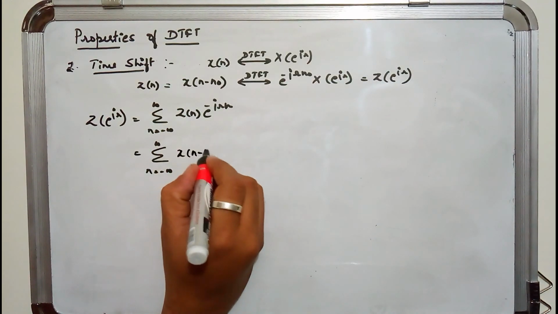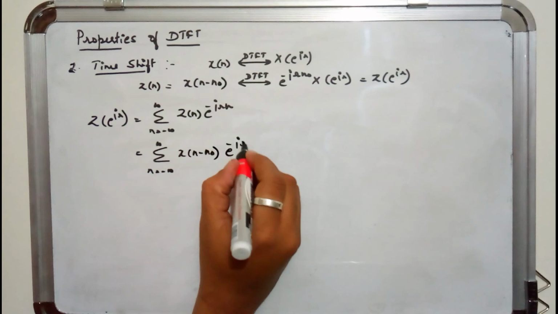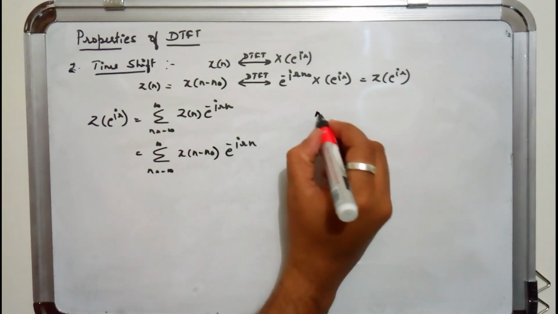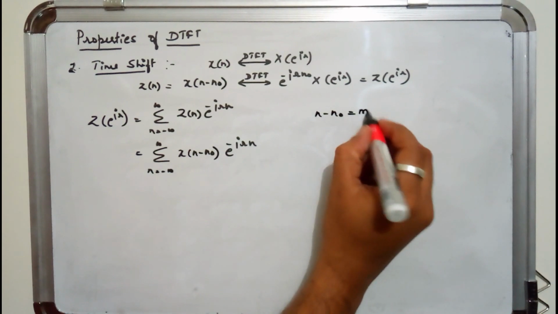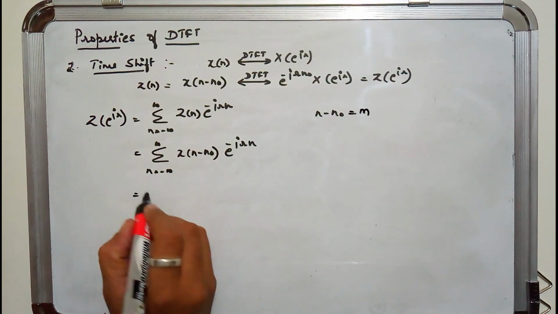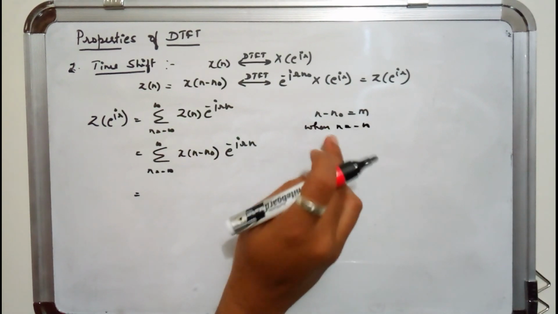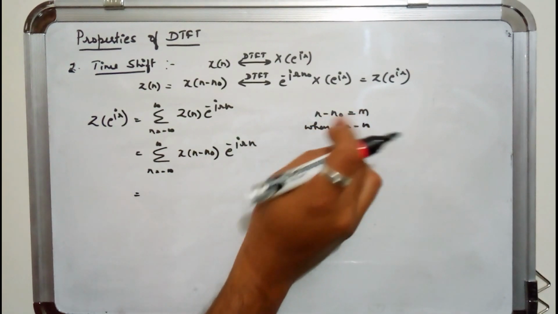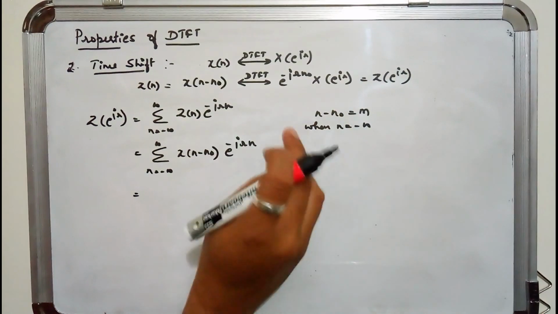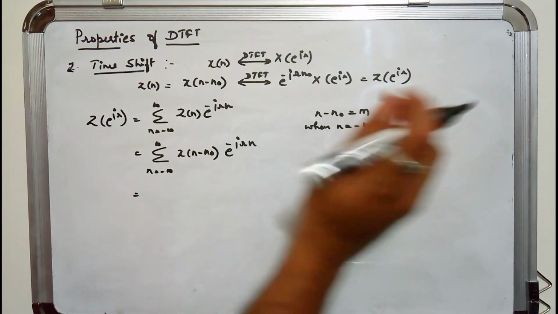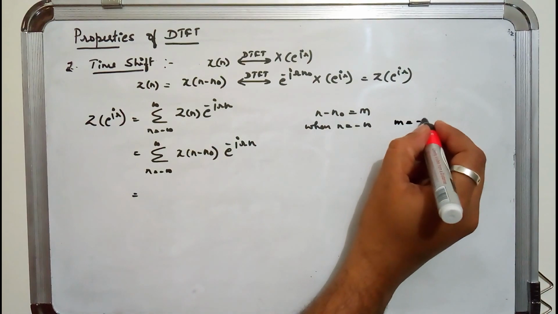So what is z of n here? x of n minus n naught into e power minus j omega n. Now I will replace this n minus n naught as some other variable m. Now when n is equal to minus infinity, minus infinity minus some small quantity n naught, m will also tend to minus infinity.